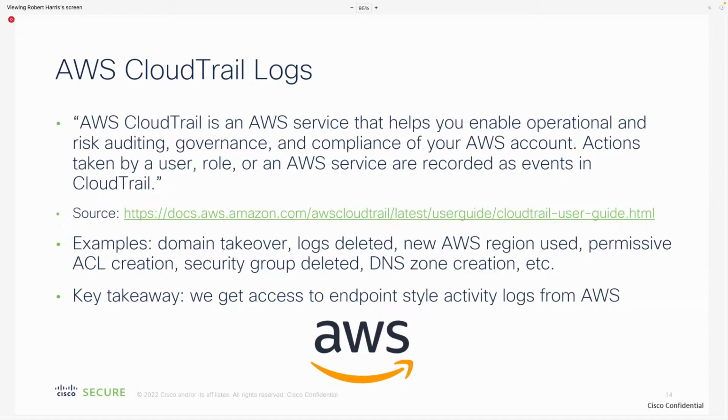So some examples of things that we would be able to detect with AWS CloudTrail logs are a domain takeover, logs being deleted, a new AWS region being created and used, someone creating an overly permissive ACL, someone deleting a security group, DNS zone creation, and so on. And really the key takeaway here is knowing that we're getting access to endpoint style activity logs from AWS.